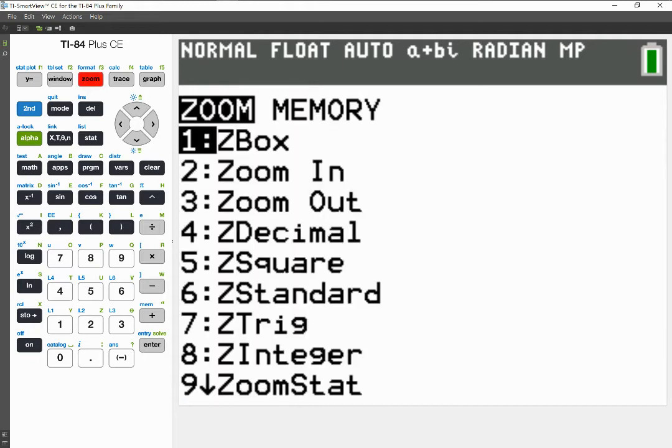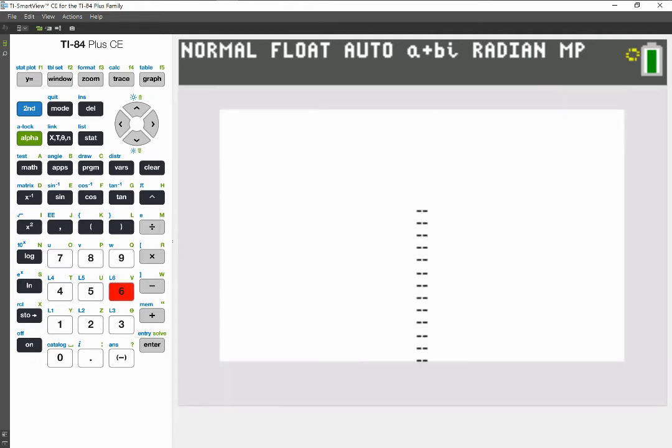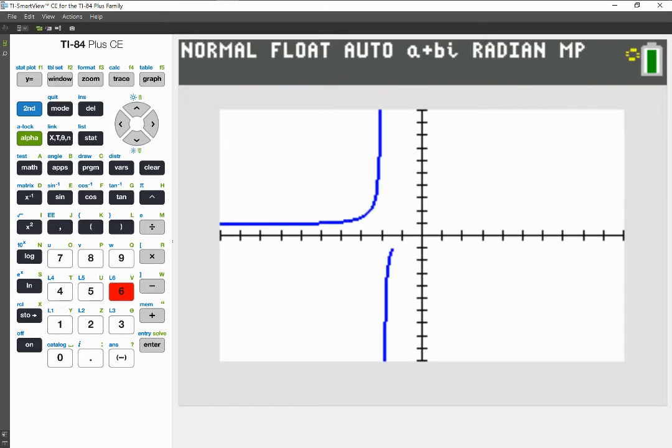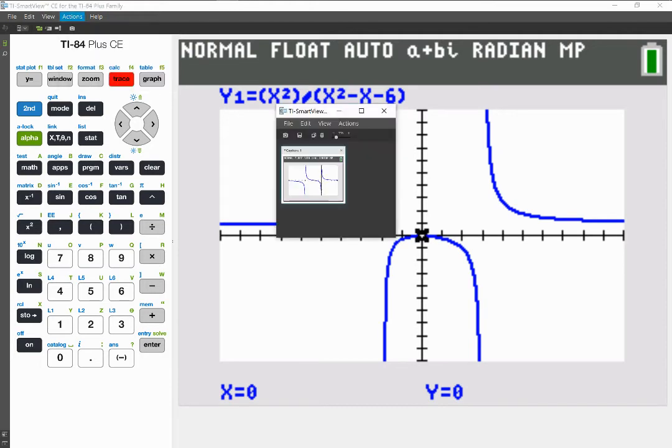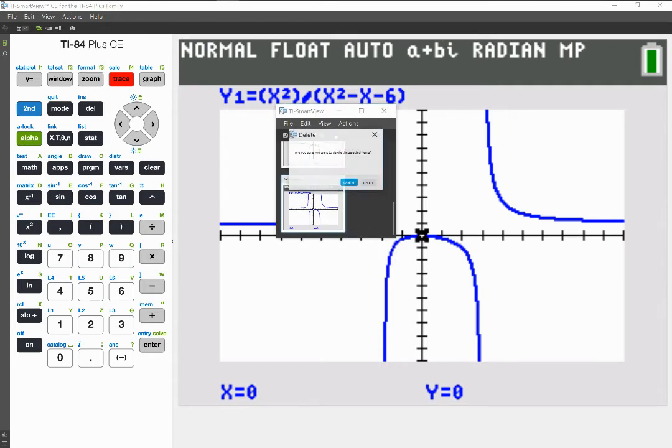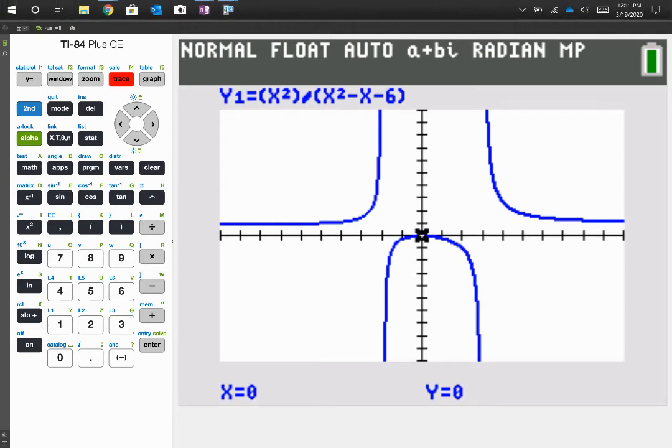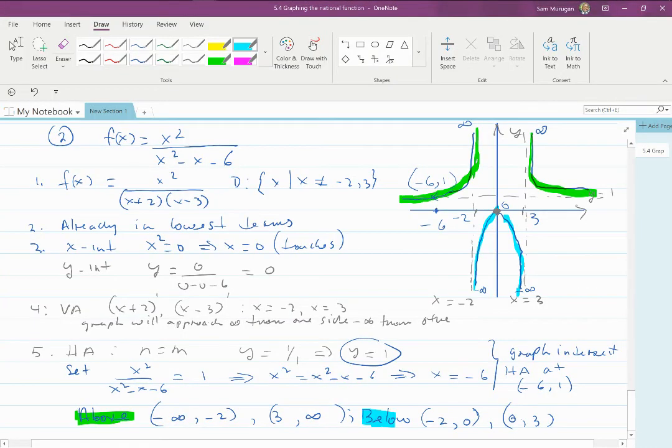And I'm going to do a zoom standard on it first. And that's not too bad. We don't need to make any adjustments on this. So capture this, and let's go ahead and insert it into the graph.